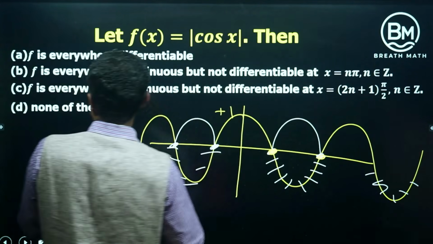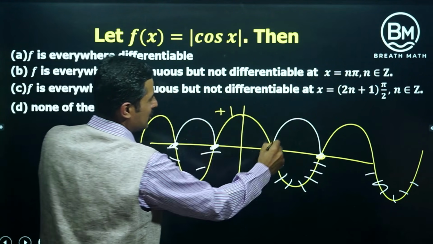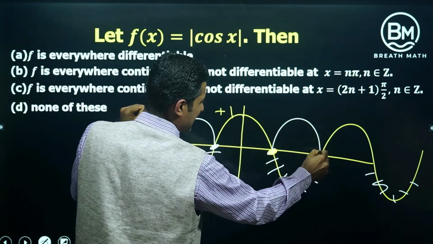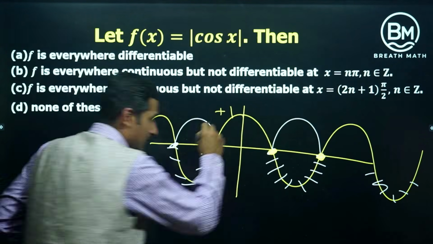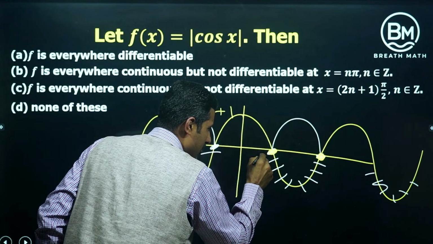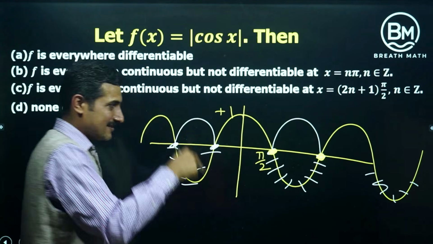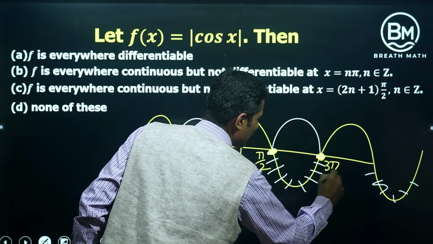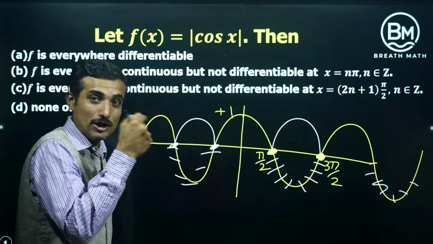So here f is everywhere continuous but not differentiable at x equal to (2n plus 1) pi by 2. Why? Cosine x drops down and it comes to 0 at x equal to pi by 2. Cos 90 is 0. Cos 3 pi by 2 is 0. So multiples of odd numbers.